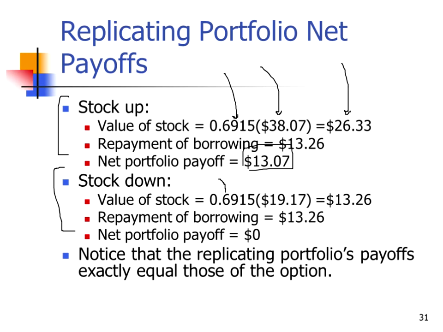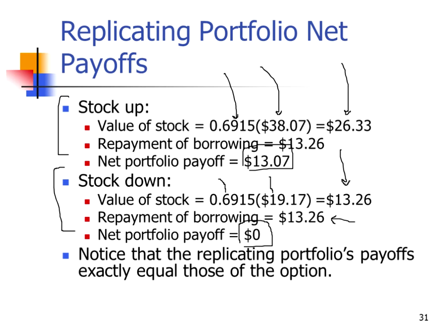If it's down, the number of stocks multiplied with the down factor multiplied with the stock price is equal to 13.26. The repayment for borrowing is 13.26, which is the interest plus the principal that you borrowed.